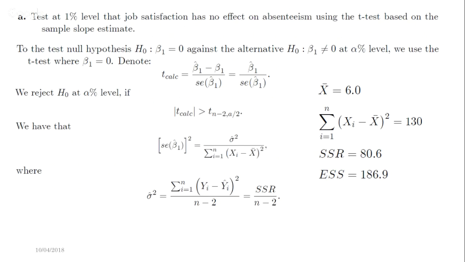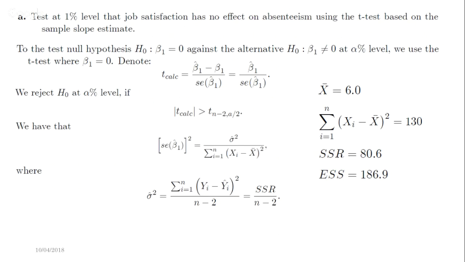The few things you have to know here are the formula for the standard error, the formula for sigma hat squared, and to realize that this is SSR, because we are given SSR, so we can use the value here. So n is 25, minus 2 is 23.